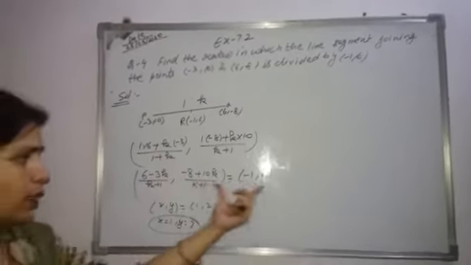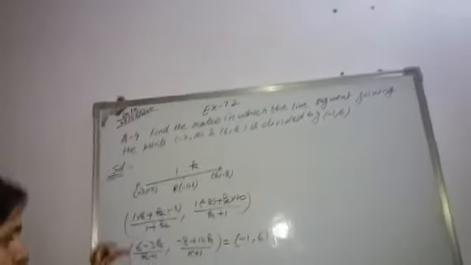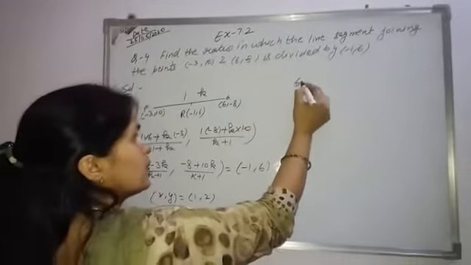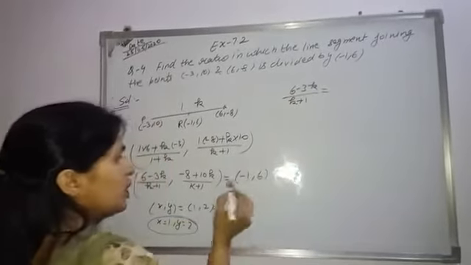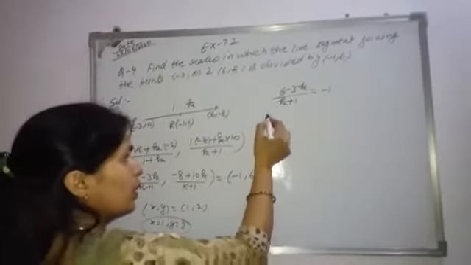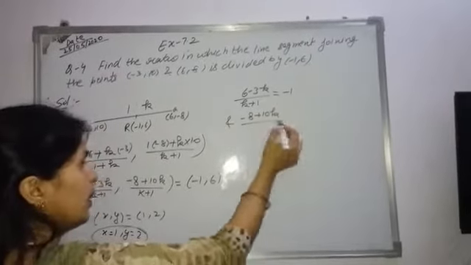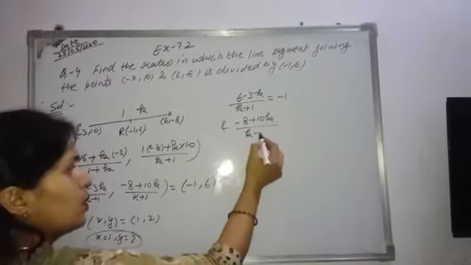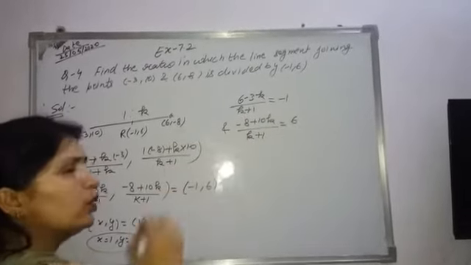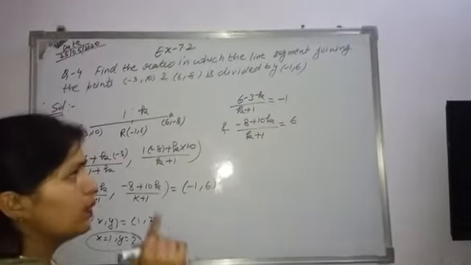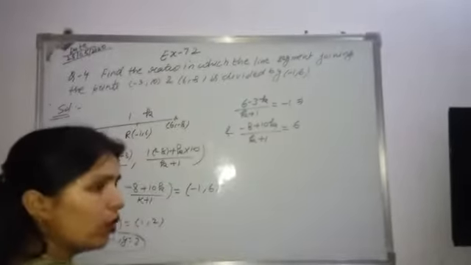Both points are equal, so (6 - 3k)/(k + 1) is equal to -1, and (-8 + 10k)/(k + 1) is equal to 6. From both the conditions you will always obtain the same value, because here k is linear.